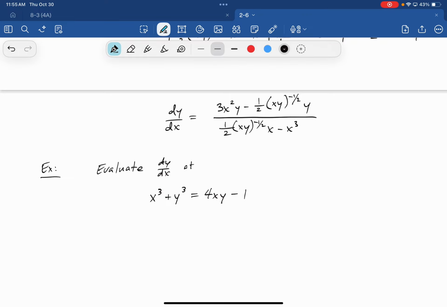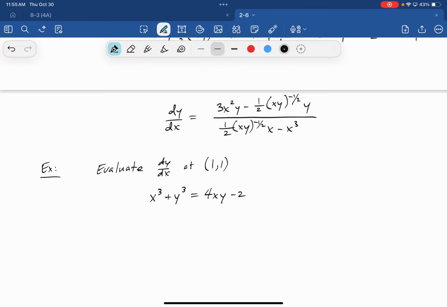Actually, I changed my mind. It's going to be minus 2. And let me try to evaluate this derivative at the point (1, 1).